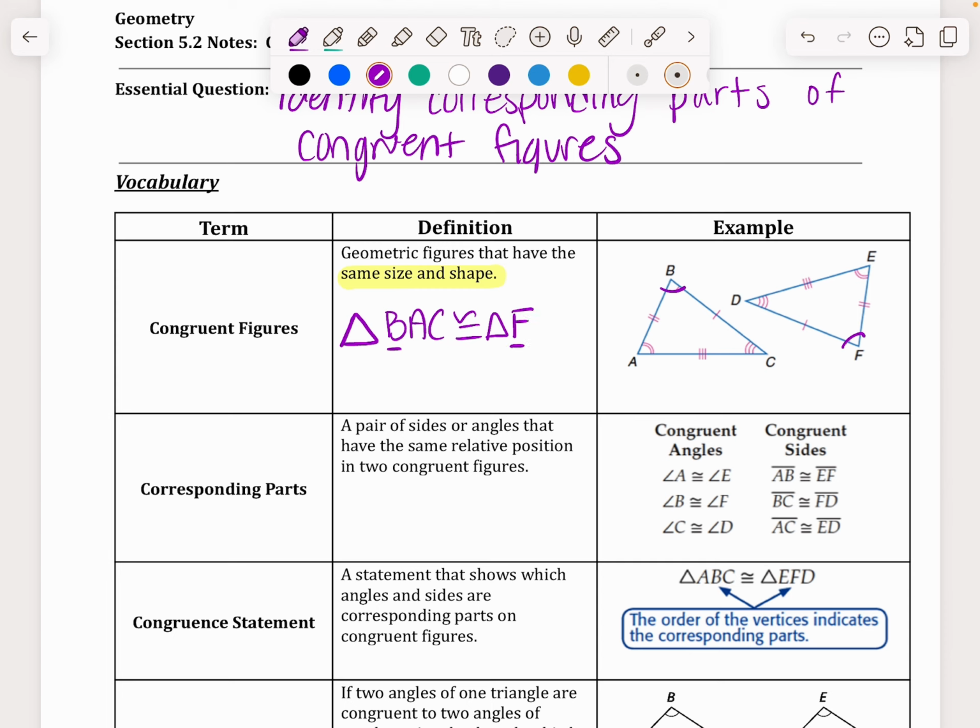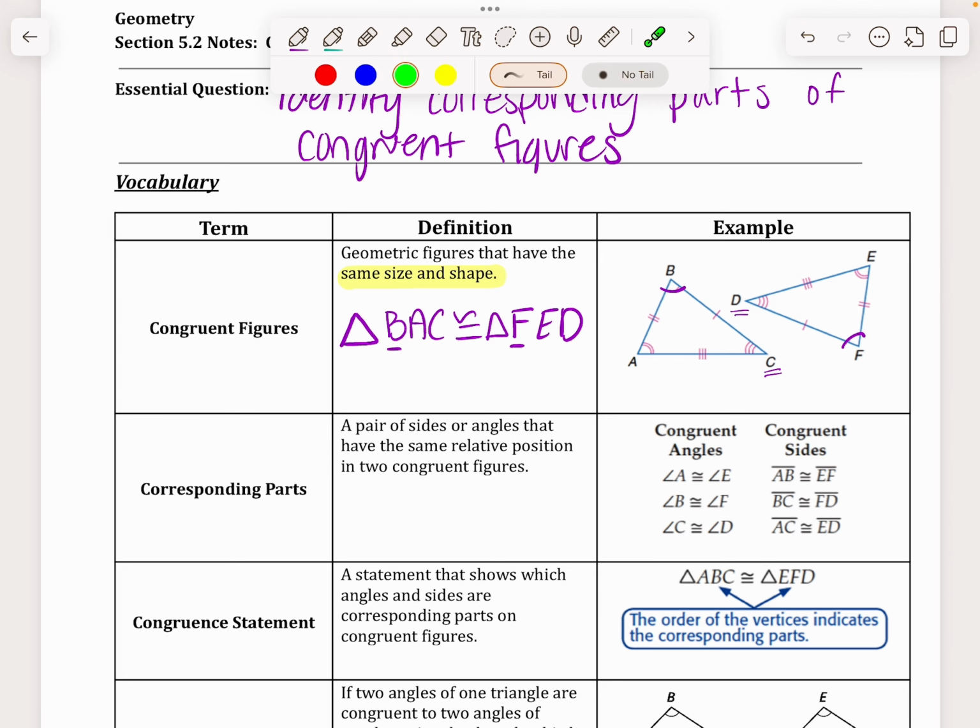And then I did angle A next, and A is congruent to E, so E has to come second in my naming of the second triangle. And then I did C, and that's congruent to D, so C and D go together. So triangle BAC is congruent to triangle FED. So we want to match up the congruent pieces when we name the triangle.